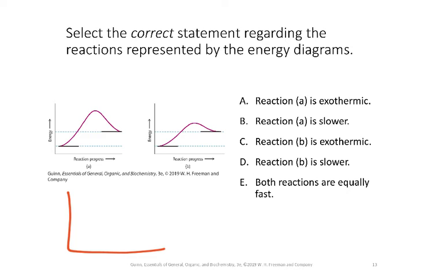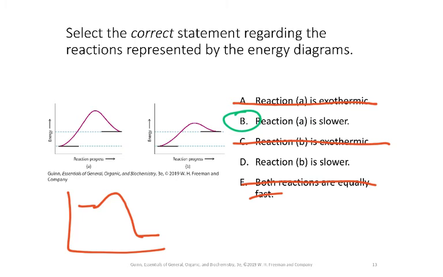An exothermic diagram would look like this, and none of these look like this, so they're not exothermic. They are endothermic. They are identical in terms of heat of enthalpy, but they have different activation energies, so they will have different rates. If we're looking for the slower one, that would be the one that has the higher hill, the higher activation energy, which is reaction A.